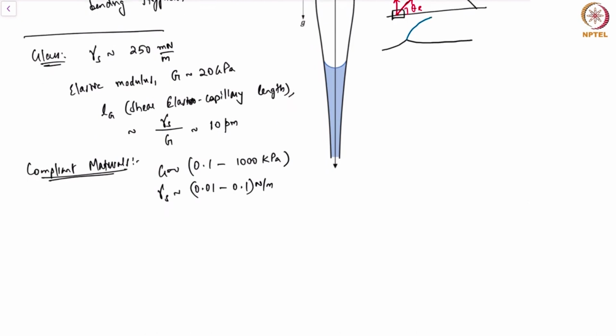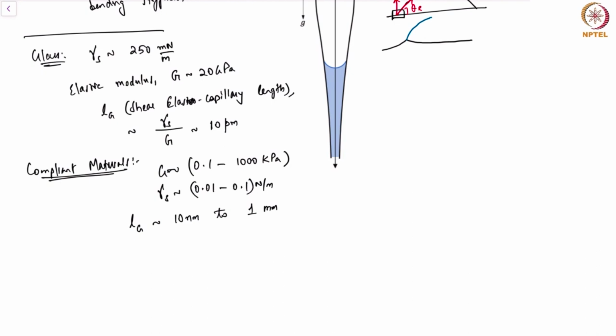And if we calculate this shear elastocapillary length, it will typically range from several nanometers, around 10 nanometers, all the way up to 1 millimeter. So 1 millimeter is comparable to the capillary length, and it is a length scale that can often be seen with the naked eye.